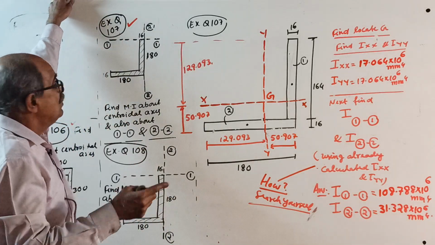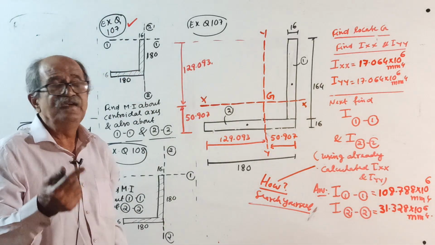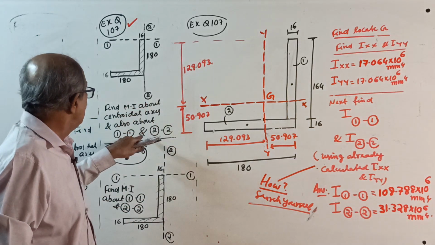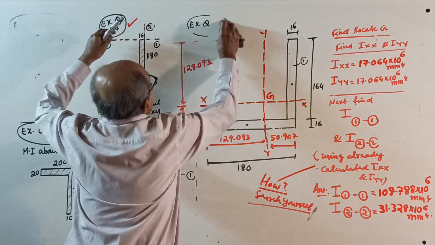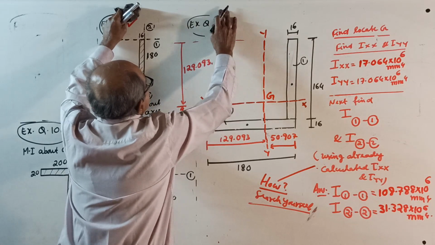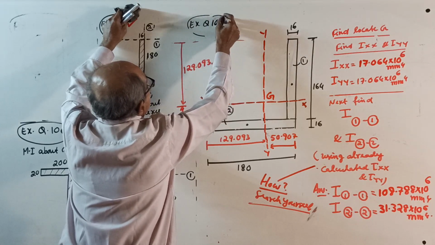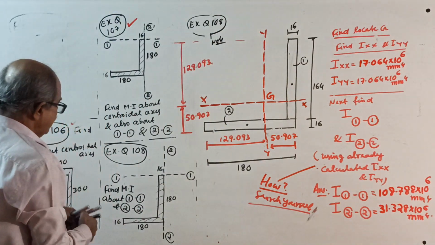See, in question 107, first they want moment of inertia about centroidal axis, then using that one, they want about some other axis. Whereas exercise question 108, you make a note here, is an independent question.